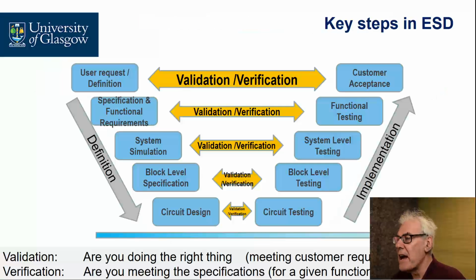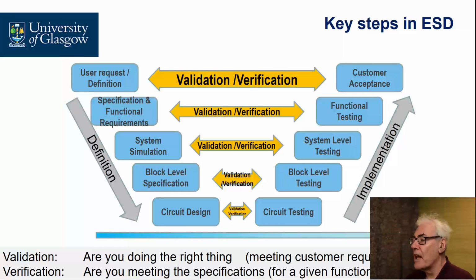A key step within electronic system design is validation and verification. Validation is checking whether you're doing the right thing. Are you doing what the customer requires? And verification is confirming that you are meeting the specifications.